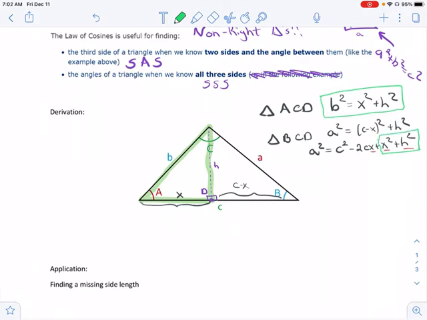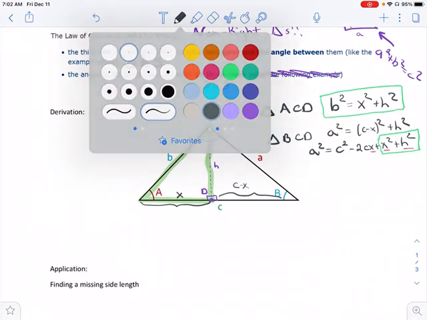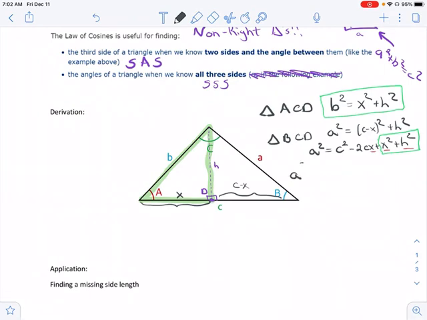So if b squared equals x squared plus h squared, and in this lower equation I have x squared plus h squared, then I can substitute those out. So now this equation is going to look like c squared, and that b squared that I just put in is x squared plus h squared. I just moved it around a little, and then I have this minus 2cx here.